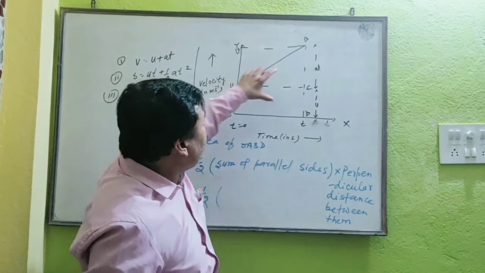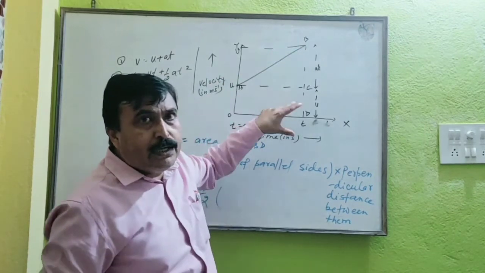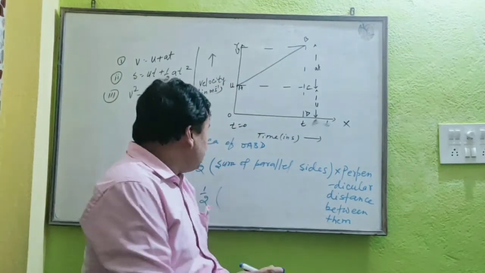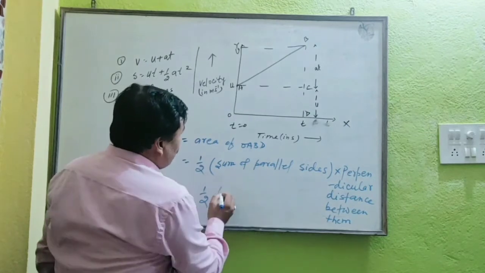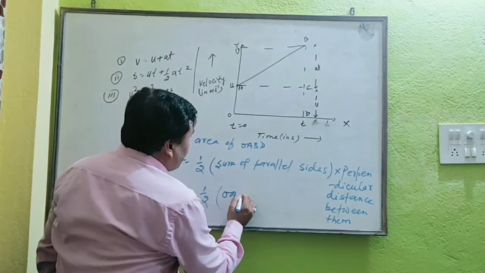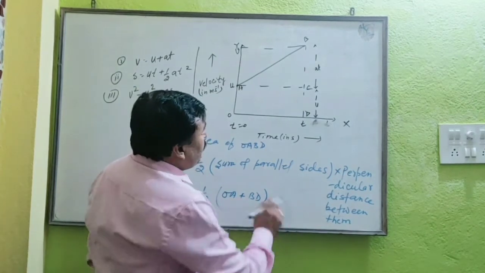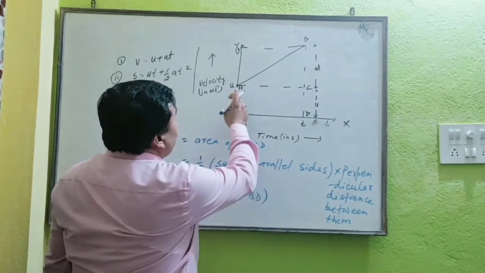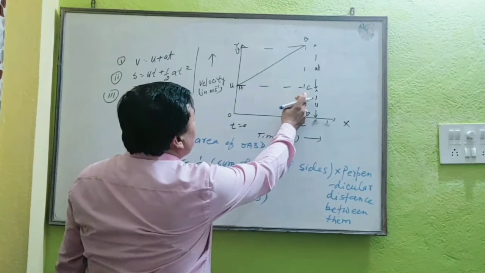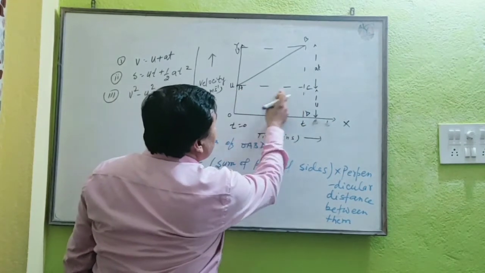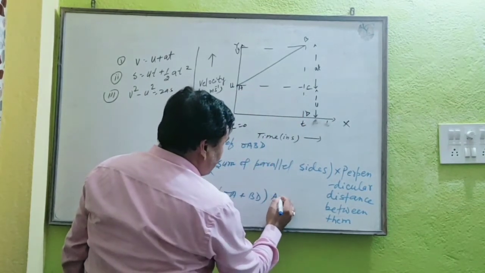OA and BD are the two parallel sides, so OA plus BD, and the perpendicular distance between OA and BD is AC.